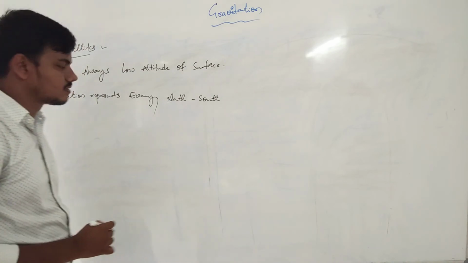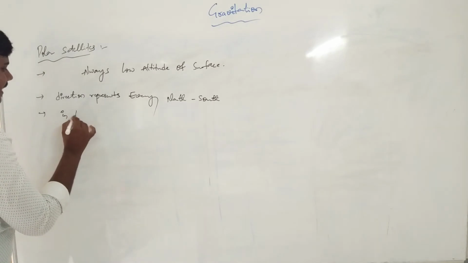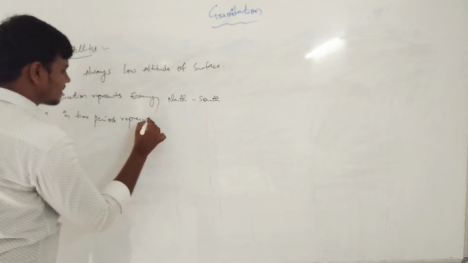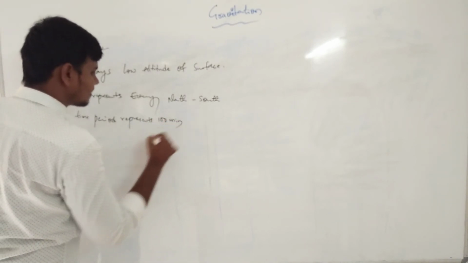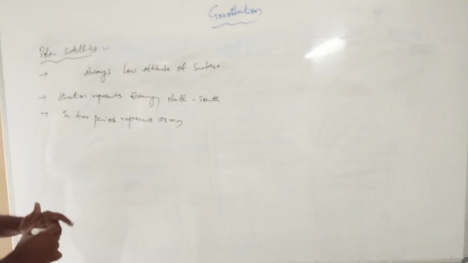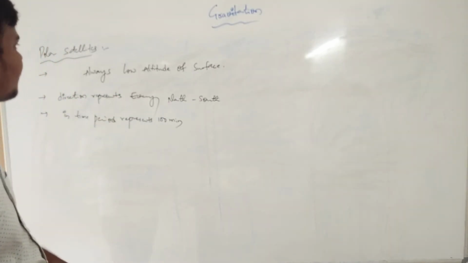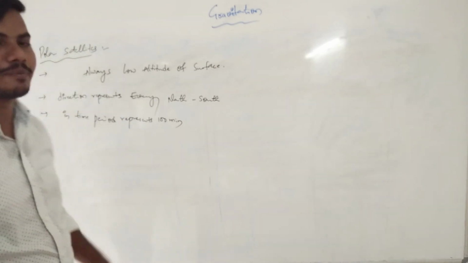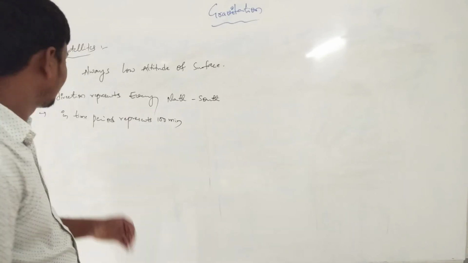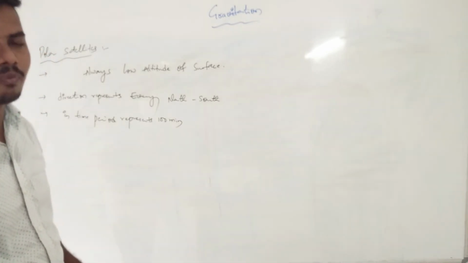The time period is 100 minutes. Clearly, the previous one, the geostationary satellite, is always 24 hours, whereas this is only 100 minutes. Always low altitude above the surface is known as a polar satellite. The direction is north to south, and also east to west, depending upon the surface. The time period is always 100 minutes. Okay, this is the polar satellite.